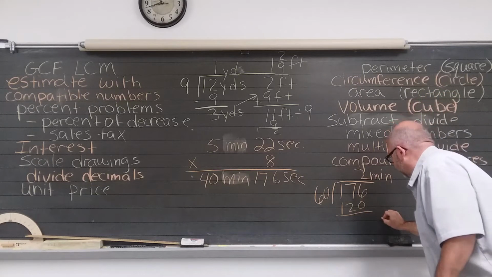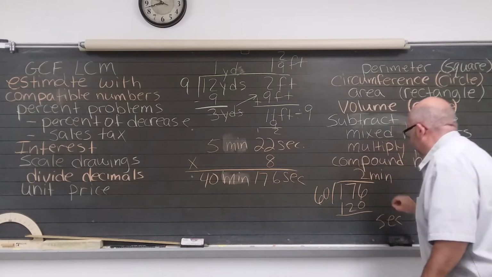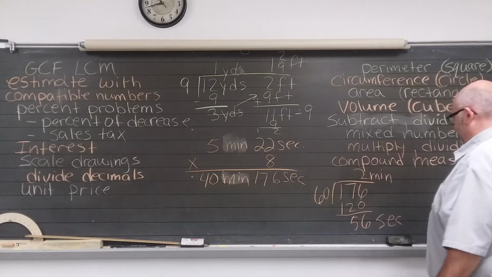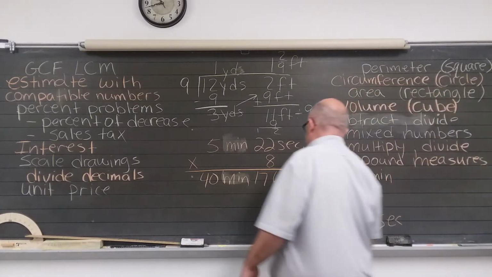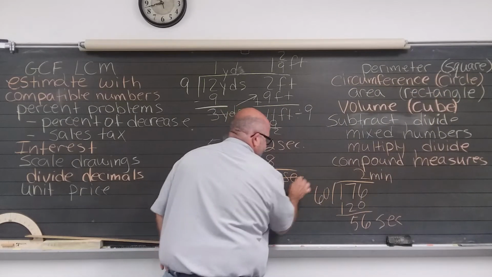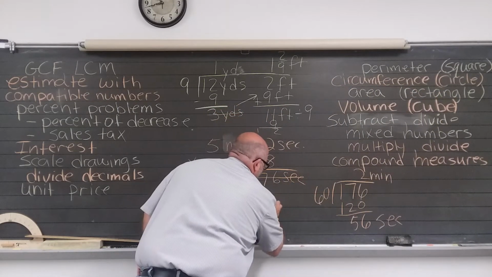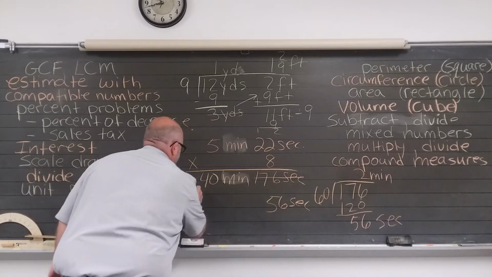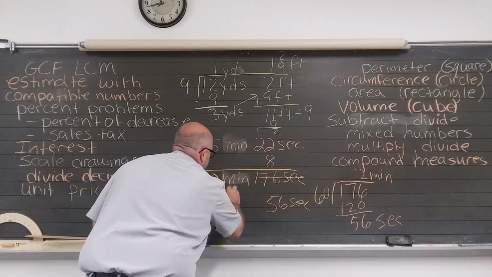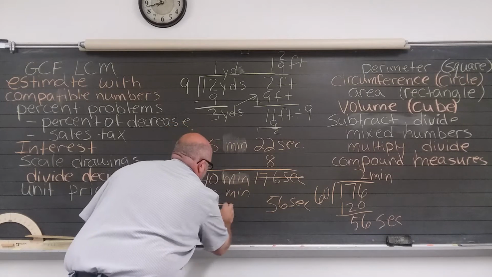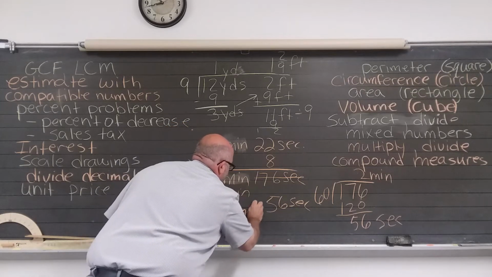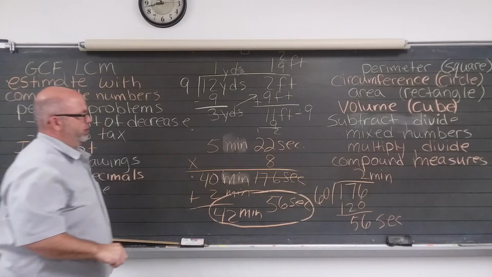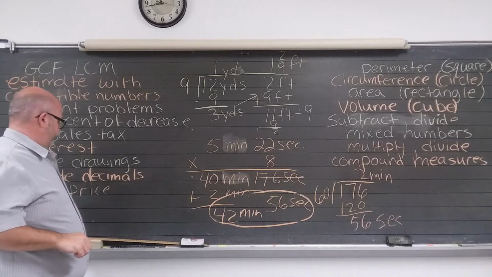The remainder is going to be seconds. 176 minus 120 is 56 seconds. We are now done with seconds. Your answer is going to have 56 seconds in it. You add 2 minutes to that to get 42 minutes and 56 seconds is your answer for that multiplication one. Okay?